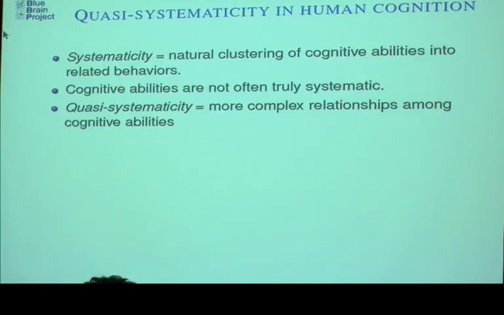It's where the authors were considering the notion of systematicity. So this is where I'm really very far out of my comfort zone. I am very much not a cognitive neuroscientist, so I'll do my best here. Systematicity is about clustering of cognitive abilities into related behaviors.